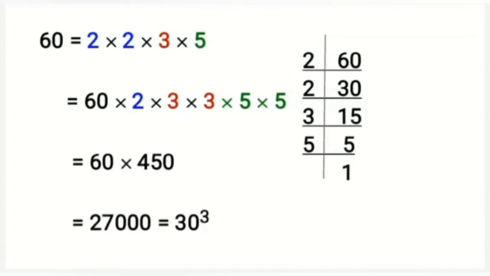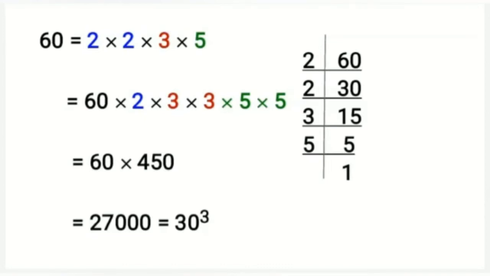But we are finding the smallest number to be multiplied to make a perfect cube, right? So I have to make groups now. 2 I got 2 times, so I will take 1 more time because only 1 is missing. 3 I got 1 time, so 2 times it's missing, so 3 into 3. 5 I got 1 time, so 2 times it's missing, 5 into 5.